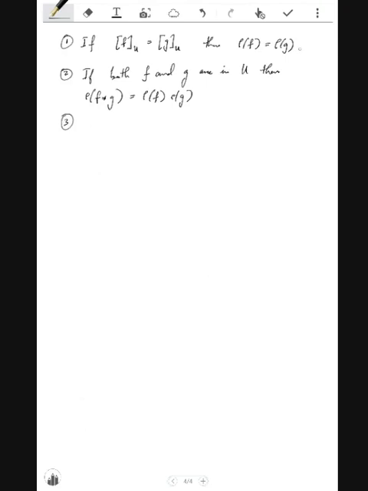Same for V. If both f and g are in V, then again rho of f star g is equal to rho of f times rho of g.